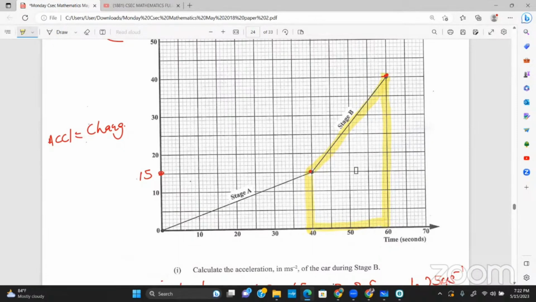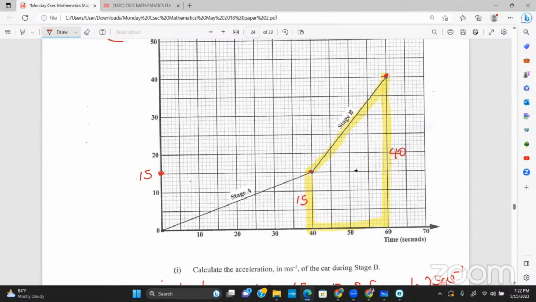So if we want to find the average speed, we need distance. The area of the shape seen under the curve is equivalent to the distance traveled. So now we're going to have to label up this. I'm seeing where this is 15, that side, and the other big side is 40.